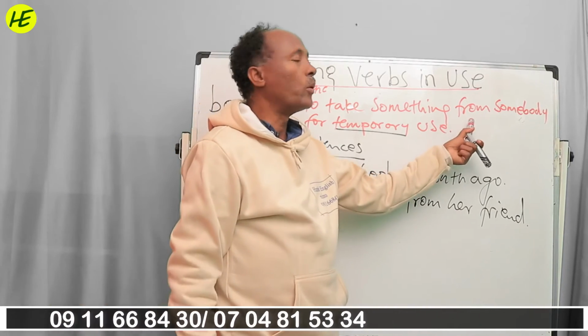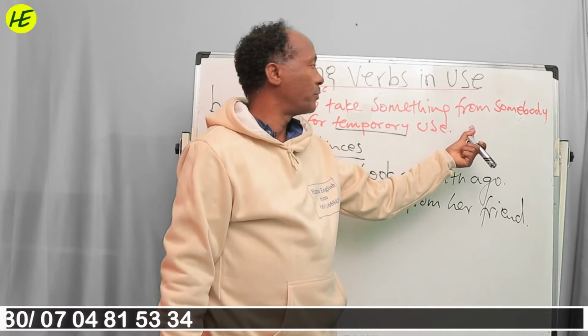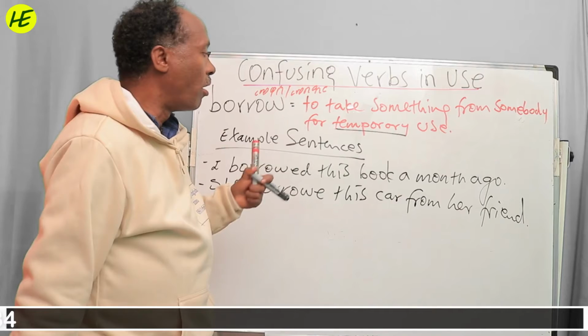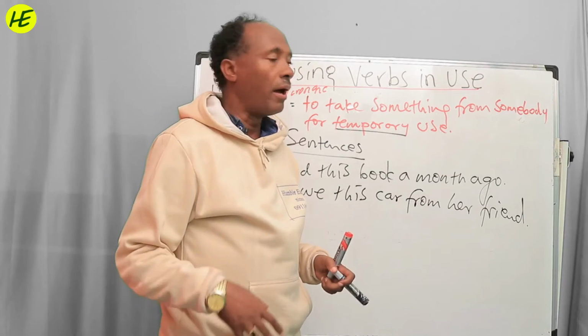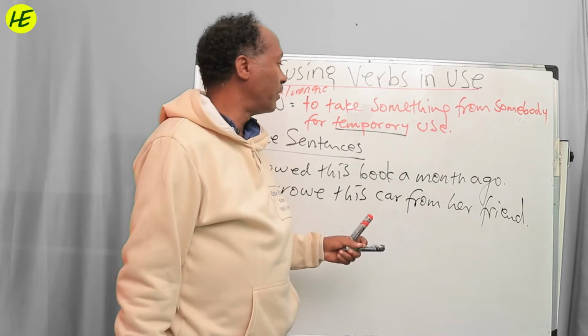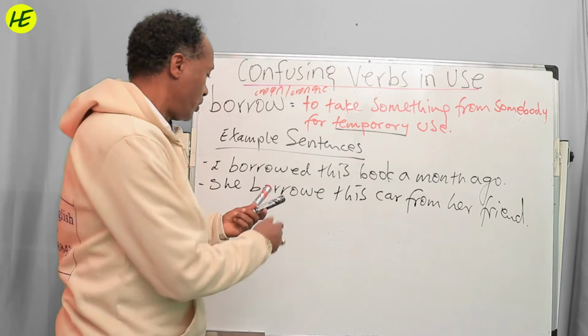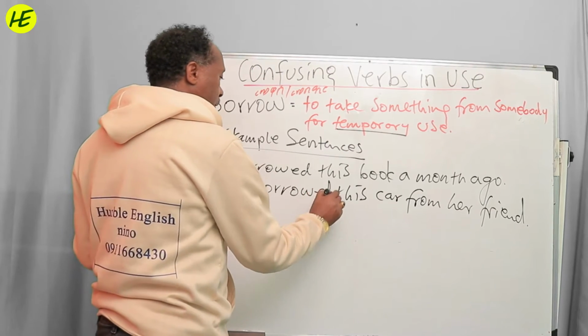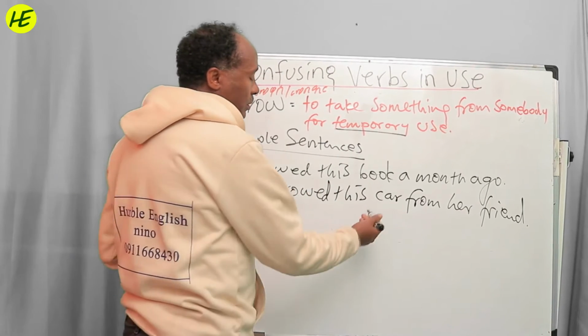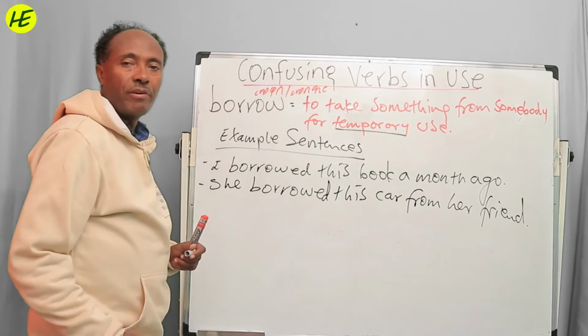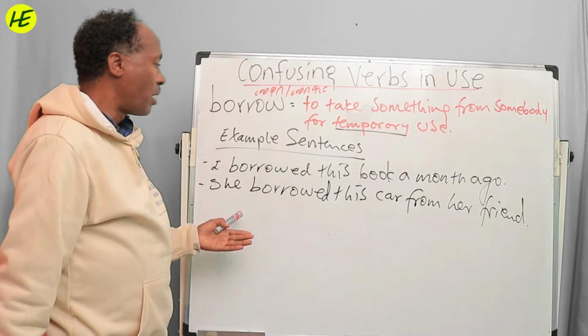From somebody, from a friend, from family, or you know, parents, it could be. So anyway, she borrowed this car or this vehicle from her friend. She borrowed this car.